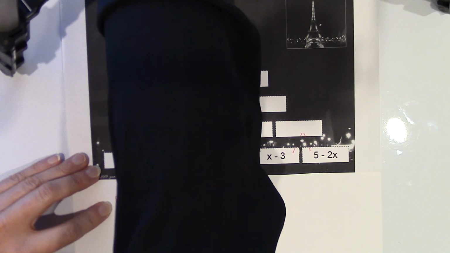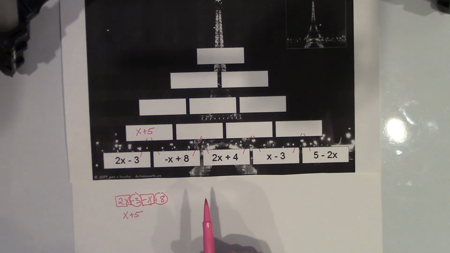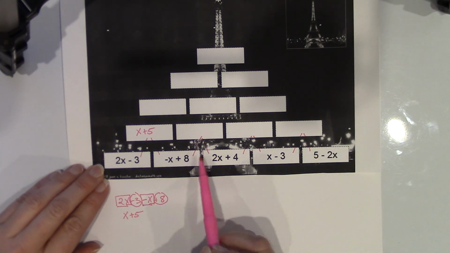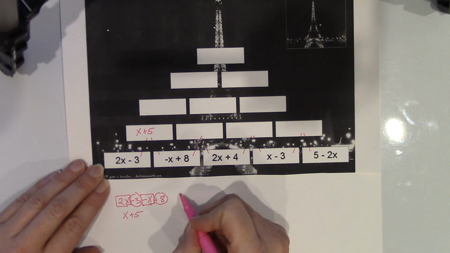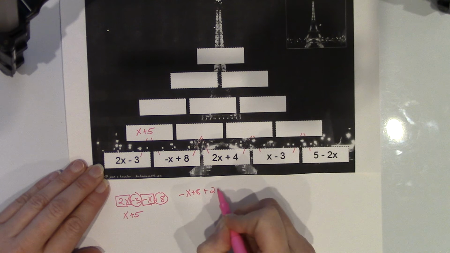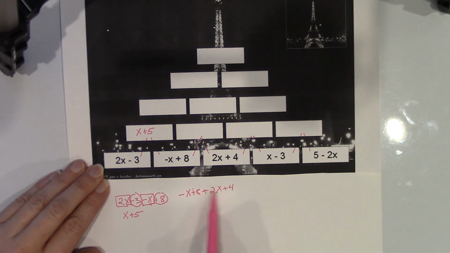Sorry, I've got something I need to do on the computer. There we go. Alright, and now we need to get our answer for this box. So I'm going to combine these two boxes. There'll be negative x plus 8 plus 2x plus 4. These two combined will give me the answer to this box.